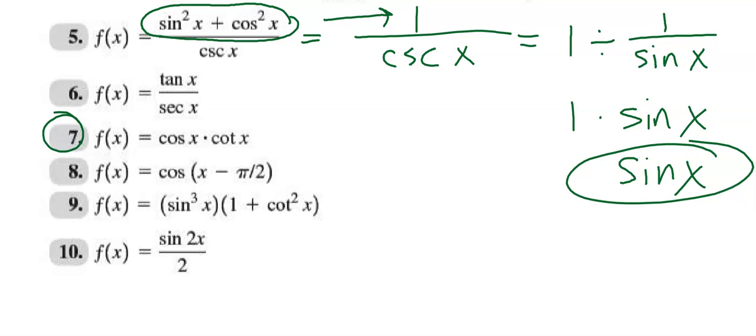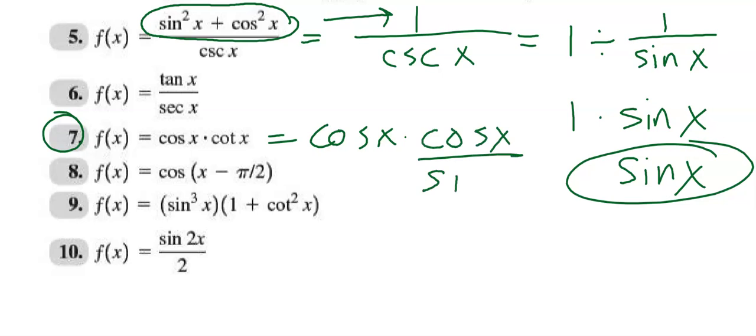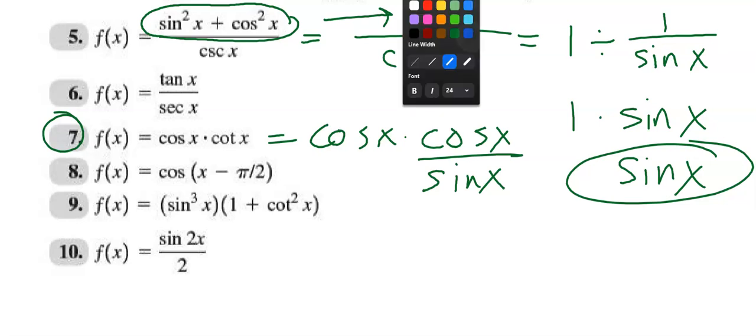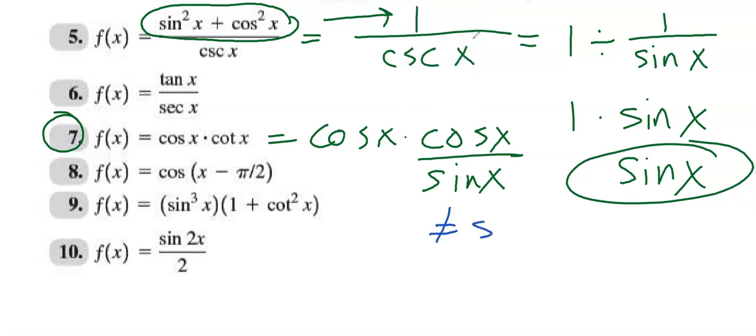What are you going to replace cotangent with? Is it going to be 1 over tangent, or are you going to replace it with cosine over sine? Probably cosine over sine, right? Because we're looking to see if anything cancels out. Is this one going to end up giving me sine x? It is not going to equal sine x. Right? Because we ended up with cosine squared x over sine x.